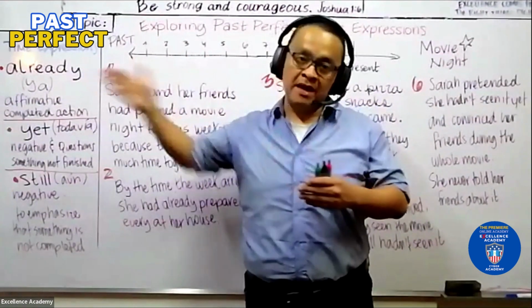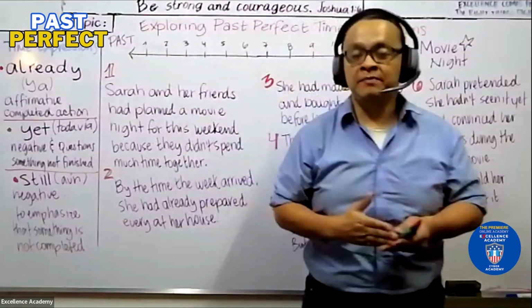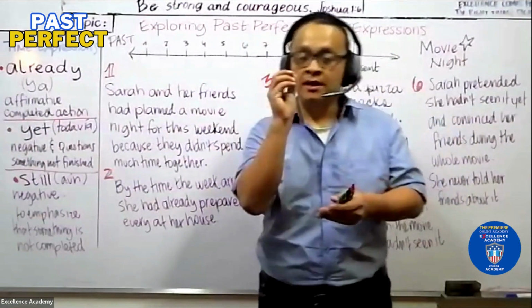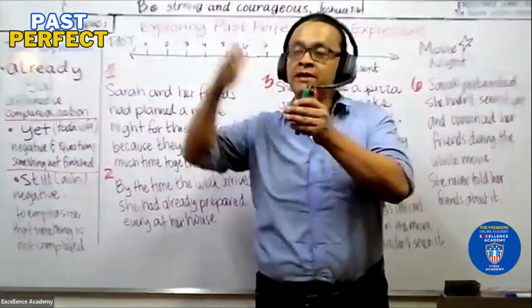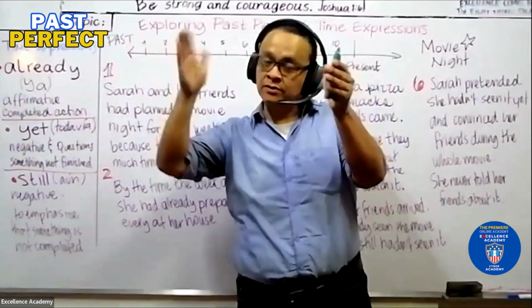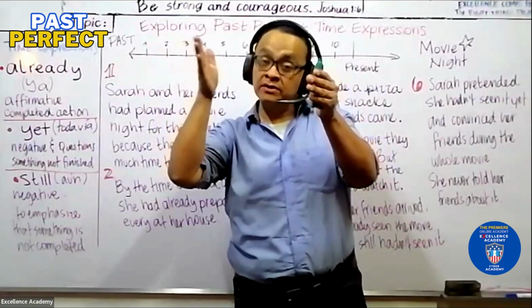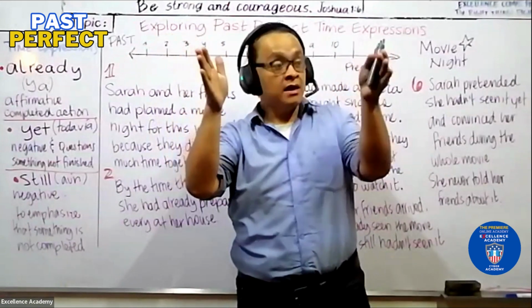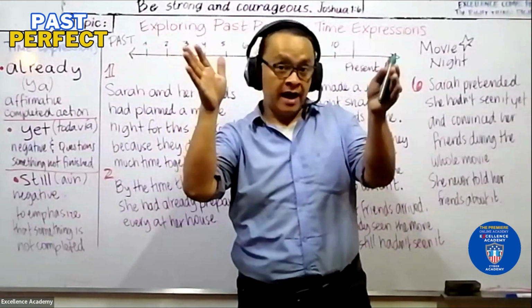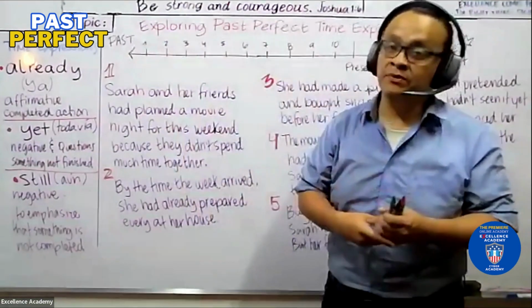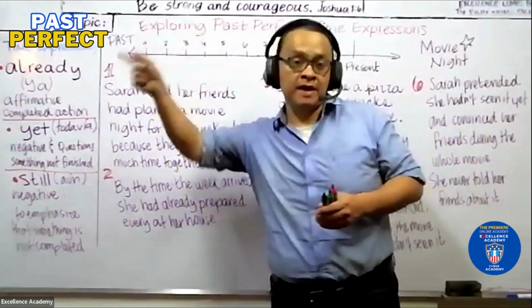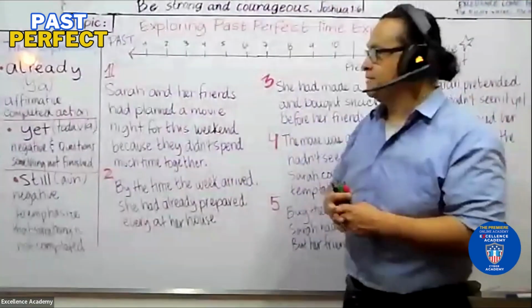It's used to order past events, and it emphasizes an action that happened prior to another. We're talking about the order of events in the past tense. We focus on an action that happened before another action. It's the past of the past, if you'd like to see it like that.